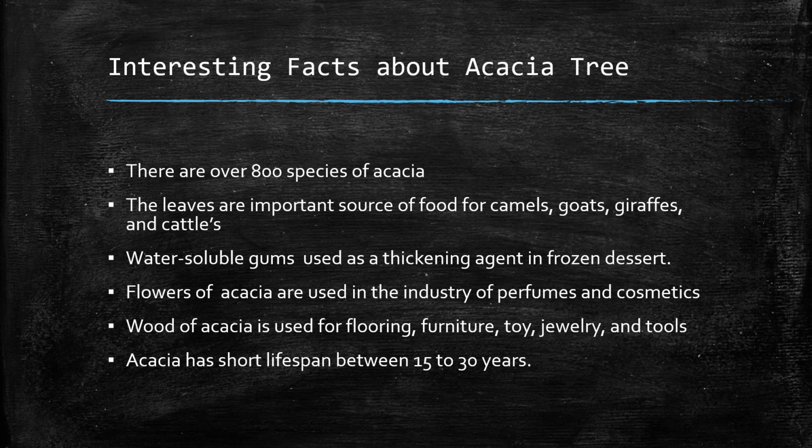The water-soluble gums are used as a thickening agent in frozen desserts. The flowers of acacia are used in the industry of perfumes and cosmetics. The wood of acacia is used for flooring, furniture, toys, jewelry, and tools. Acacia has a short lifespan between 15 to 30 years.